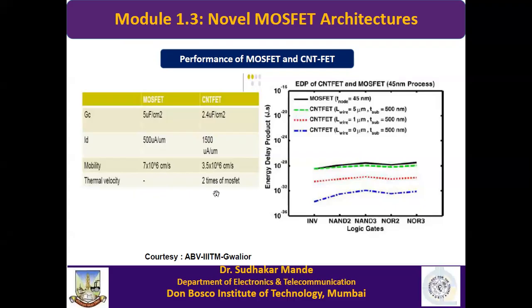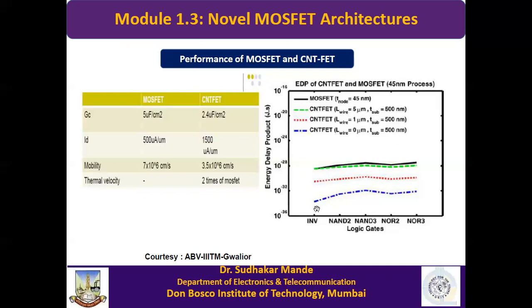And then in this slide, there is the performance of CNT FET inverter, NAND gate, NOR gate. If you see here, the blue one is CNT FET, the red one is also CNT FET, and the green one is also CNT FET for different lengths.